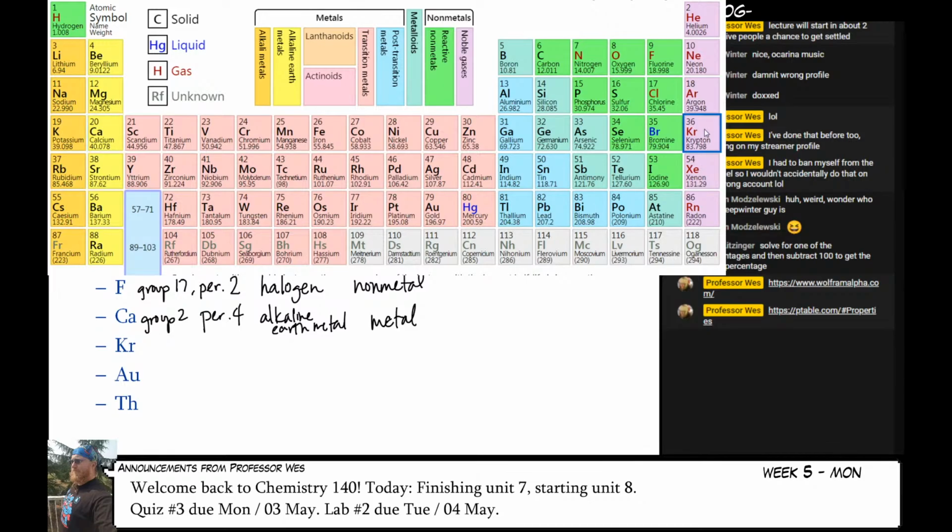We got krypton. That's way over here. Krypton is in group 18, period also 4. It is a noble gas, and it is a nonmetal.